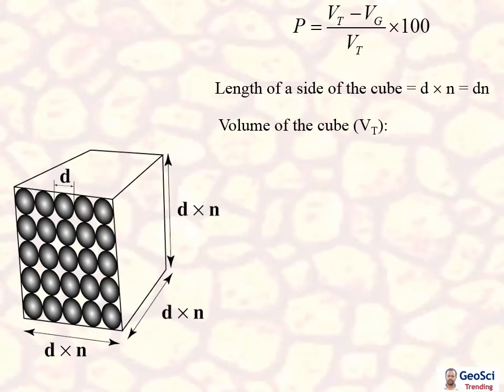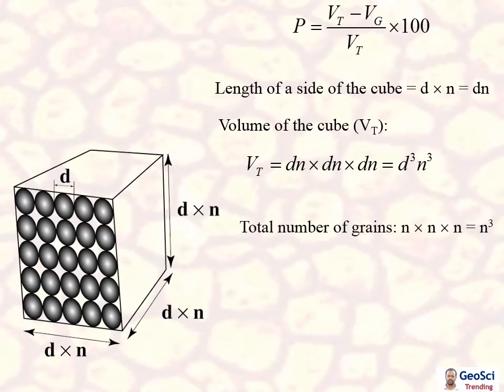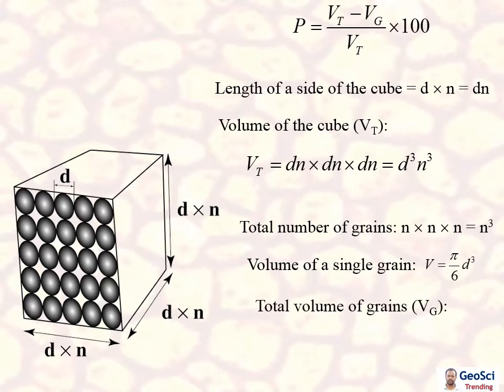The volume of the cube Vt equal to DN into DN into DN equal to D cubed N cubed. The total number of grains N into N into N equal to N cubed. The volume of a single grain equal to pi by 6 into D cubed.